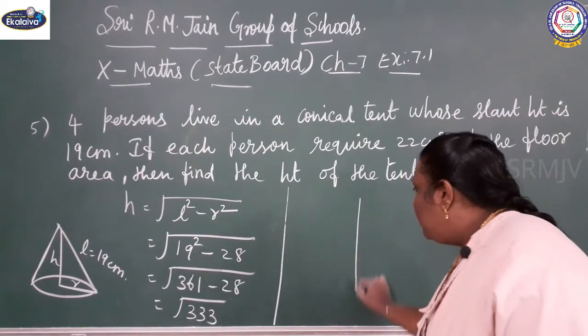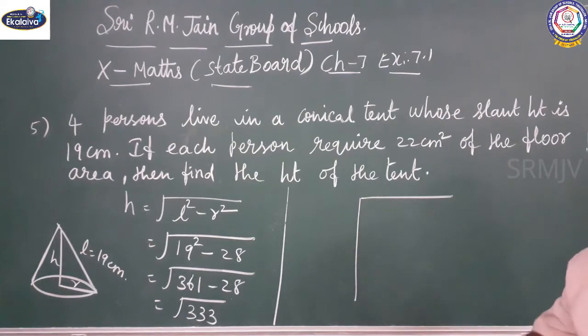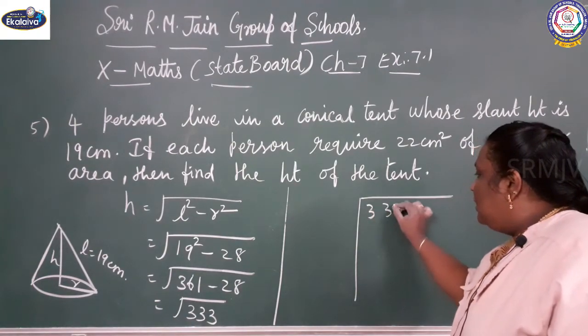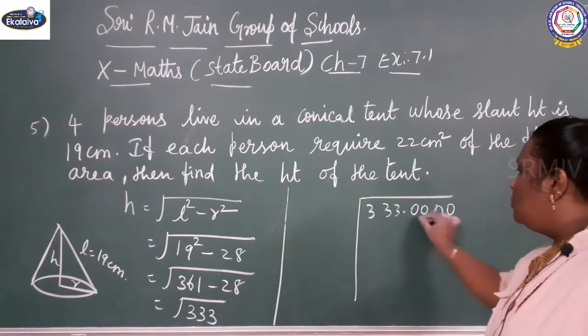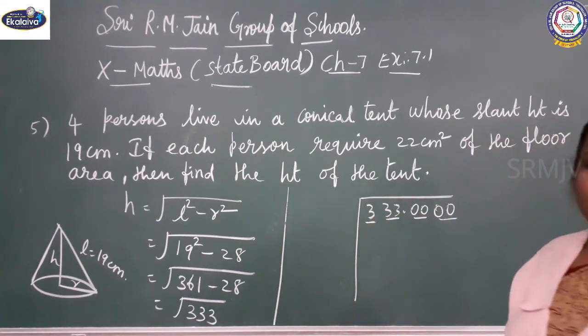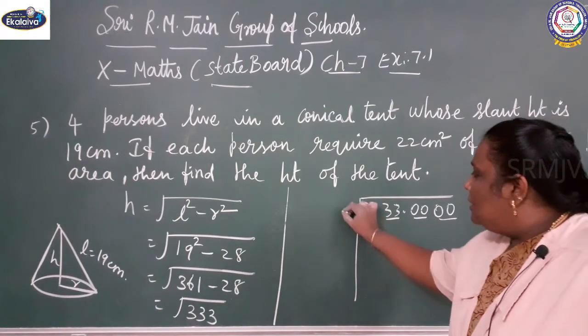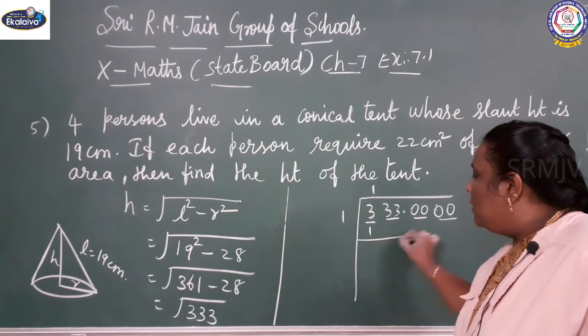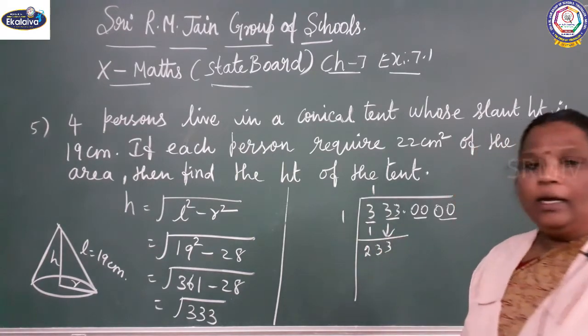See, by the long division method you can find the square root. You can do it in a rough column. 333 point, you can add 2 zeros. 1 ones are 1, 2 twos are 4, exceeding the value. So 1 ones are 1, balance 2. Bring that 33 down.